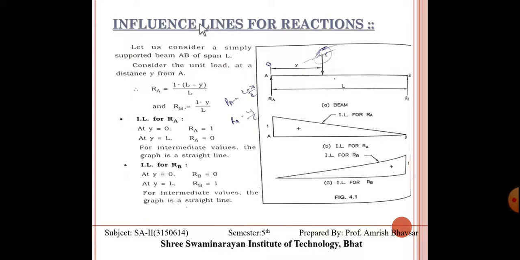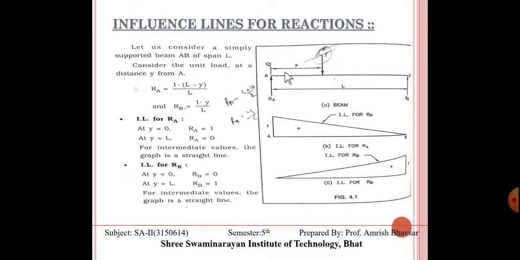from where are we going to find the reactions for the moving load? Let's try to understand. This is our simple span of a bridge, and the moving load is acting on it, considered as a unit load.